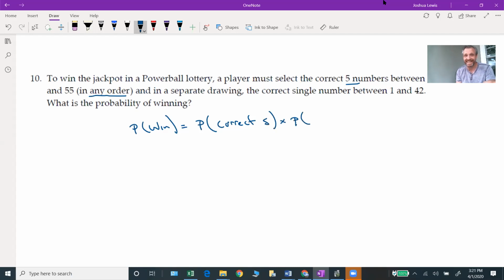Correct 5 and these are independent events, and the correct single number, okay? Well, correct 5, any order. So we're talking about combinations. 1 out of, well, we have 55 choices, we're choosing 5. And then times the correct single. Well, we have 1, we're only choosing 1 number, and we have 42 choices.